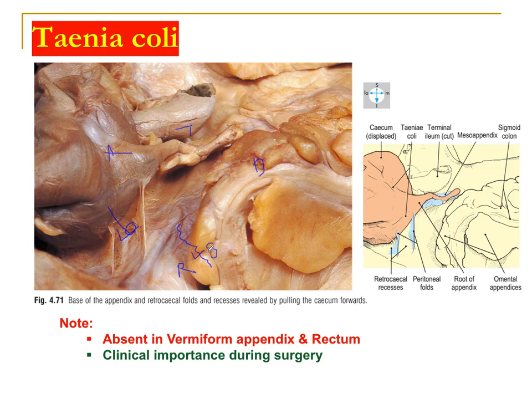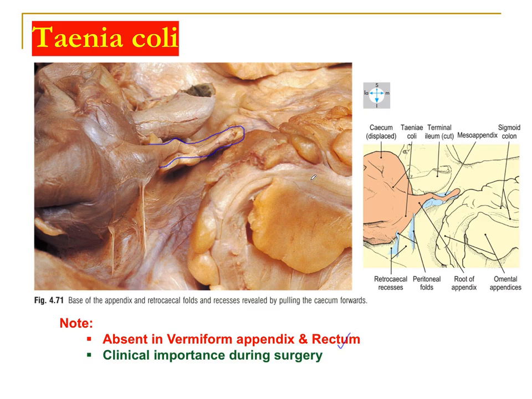And these tinea coli are absent in two regions. One is the appendix, where there is an absence of the tinea coli, and the other is the rectum and anal canal region.